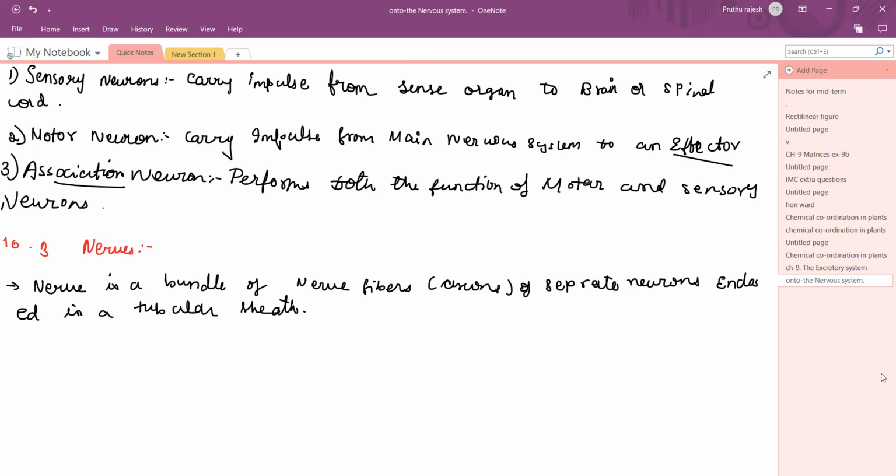Motor nerves contain only motor fibers which bring impulse from brain or spinal cord to the effector gland or muscle. Next, mixed nerves contain both sensory and motor fibers. Example, spinal nerves. So let us write notes for that.